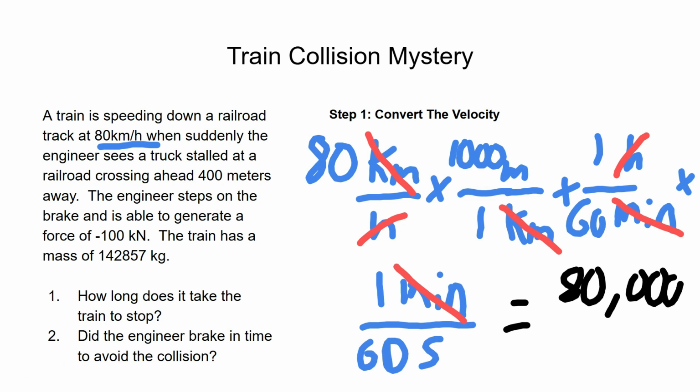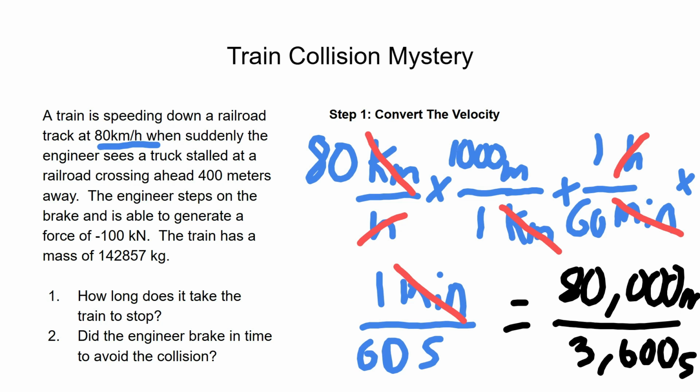So this equals 80,000 meters divided by, we multiply our denominators, 1 multiplied by 1, multiplied by 60, multiplied by 60. That's going to give us 3,600 seconds. So when we divide our numerator by our denominator, whatever that value is going to be our meters per second.